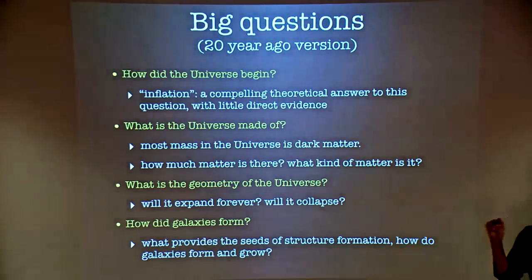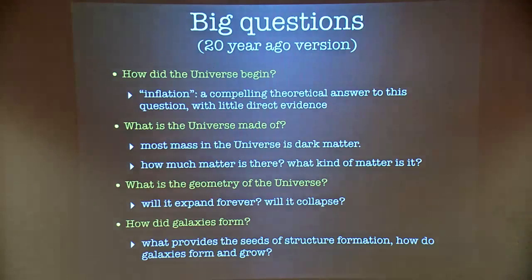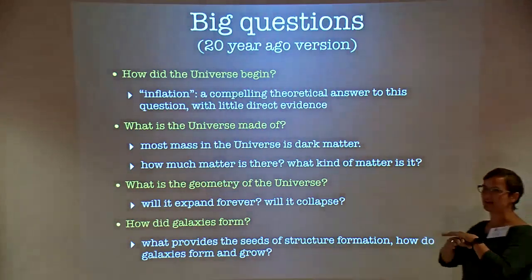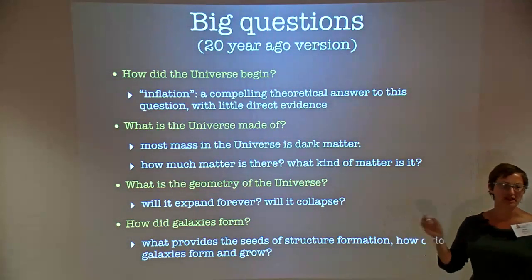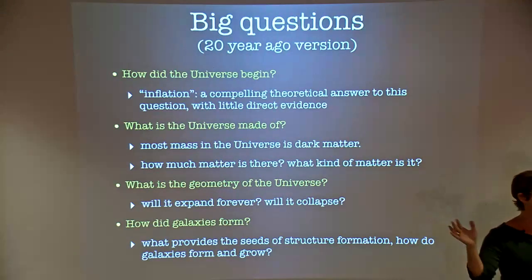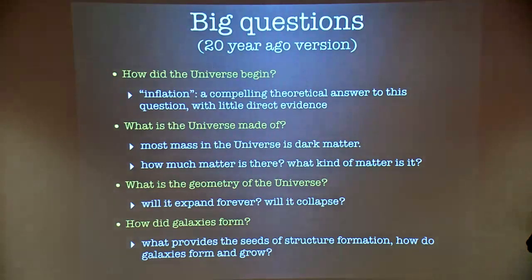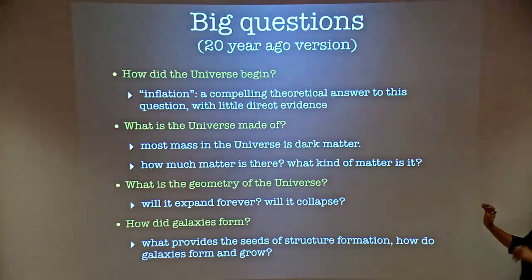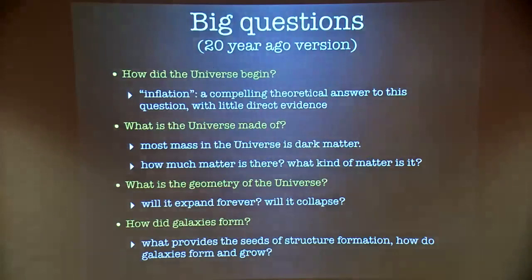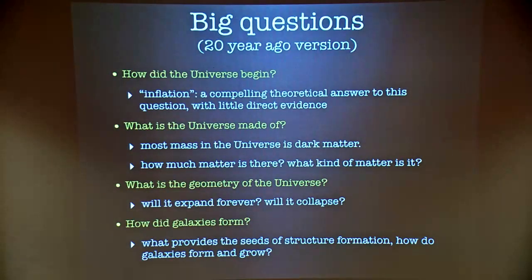And that idea is that the universe in its first tiny fraction of a second expands extremely fast. So fast that it actually expands faster than the speed of light. And in that first moment creates all of the matter in the universe, and also creates all of the fluctuations in the matter distribution. So that was a really compelling idea that explained some basic facts that we knew about the universe at that time, but there was really little direct evidence.